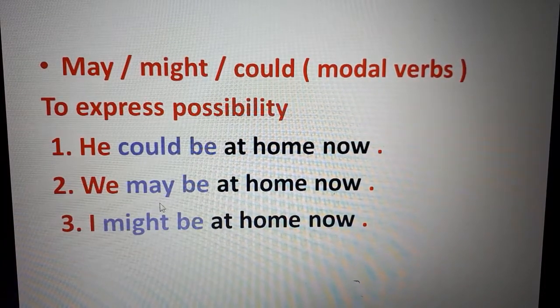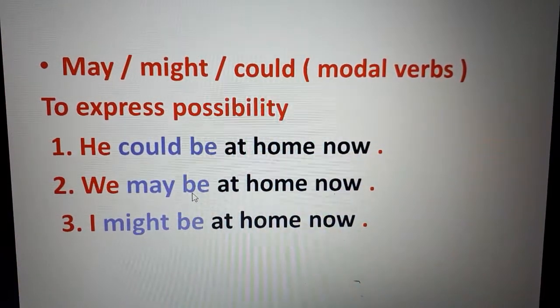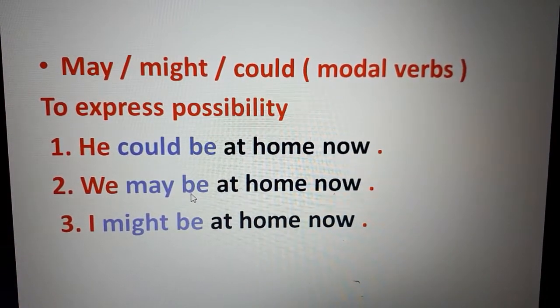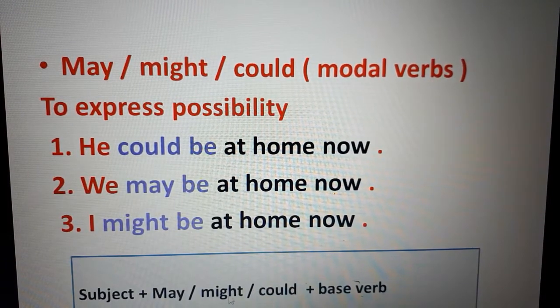No difference. Next. Always with these modal auxiliary verbs, we use the base verb. These are the main points that you have to know. The last. Now, the structure for this sentence: subject, may, might, could, and base verb.